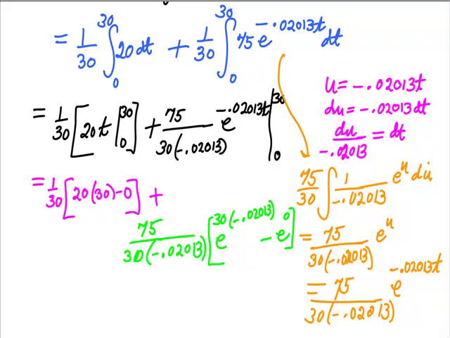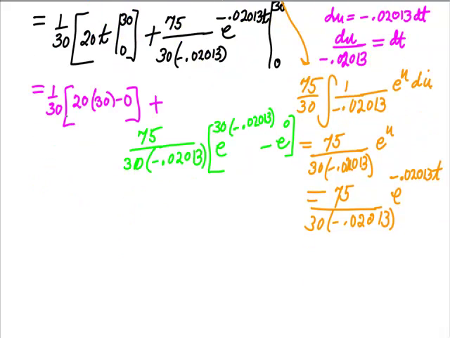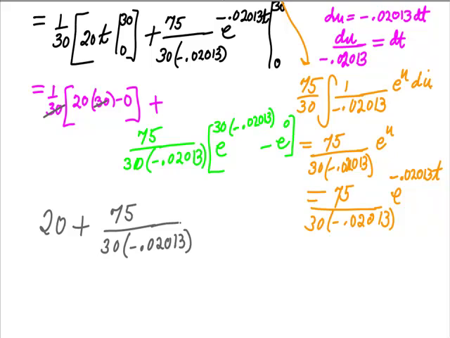Okay, so now working this out, we get, so 1/30th of this, we get 20 plus 75 over 30 times negative 0.02013 times e to that minus 1 right here becomes negative 0.453324561.